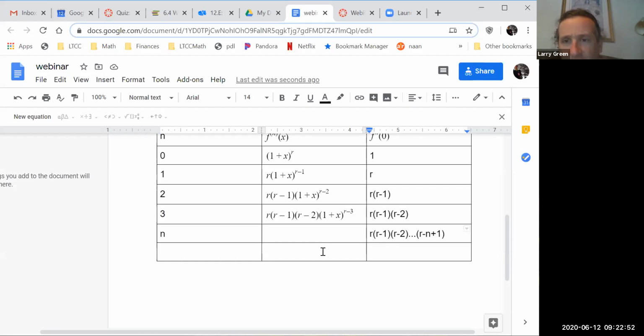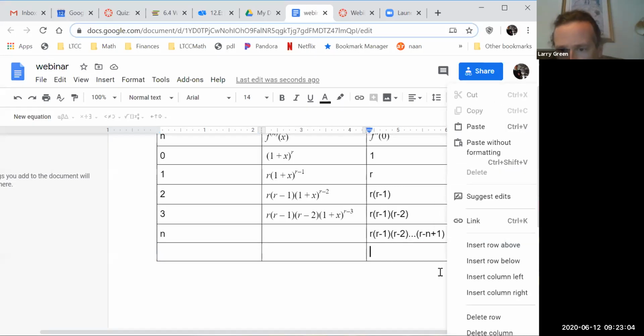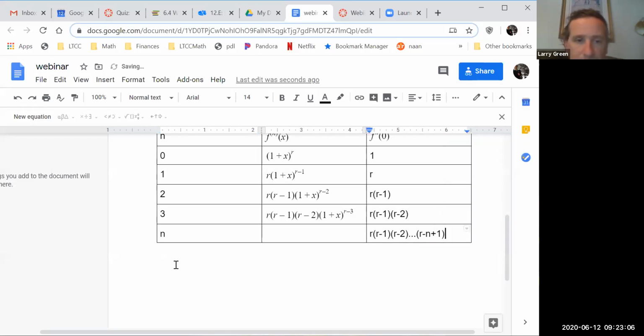Any questions on that? Okay, I guess I don't need this particular row. There we go. All right, now we're ready to put things together.